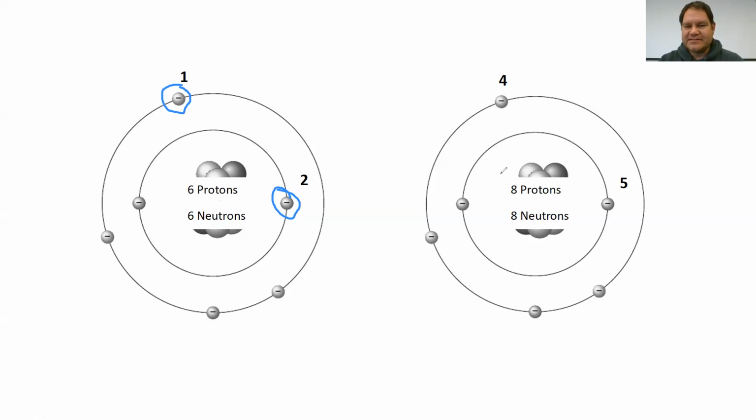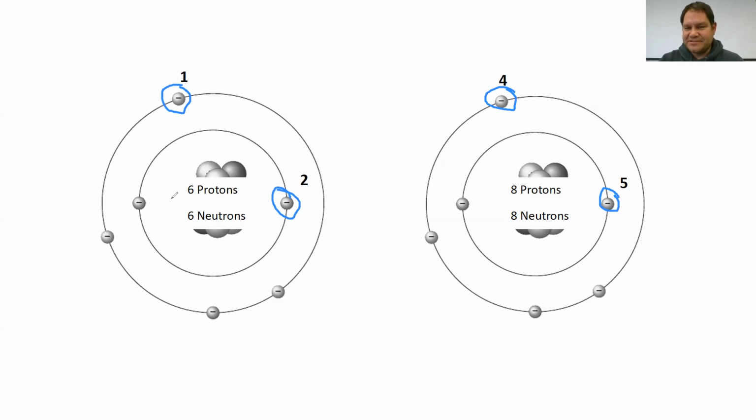Okay, now let's look at the second atom. We have 8 protons. So again, which electron is more attracted, electron 4 or electron 5? Hopefully you said electron 5. Again, same idea: electron 5 is closer to the nucleus than electron 4. Now, let me ask you this then.